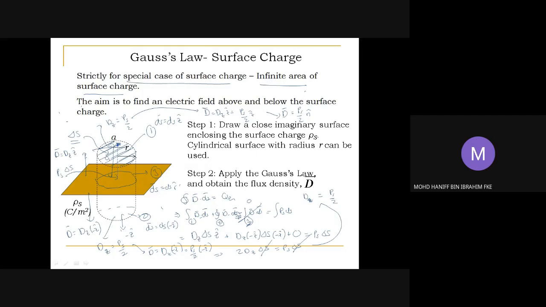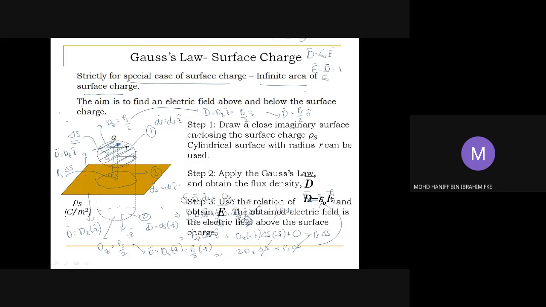And from your obtained D, you can use the equation D equals epsilon E. So we're going to have the E field as D over epsilon naught, which is rho s over 2 epsilon naught in the normal direction. I believe that we have seen this equation before, right? This is the equation for the E field produced by an infinite area of surface charge. And by using Gauss's law, we have successfully produced the same equation as before.